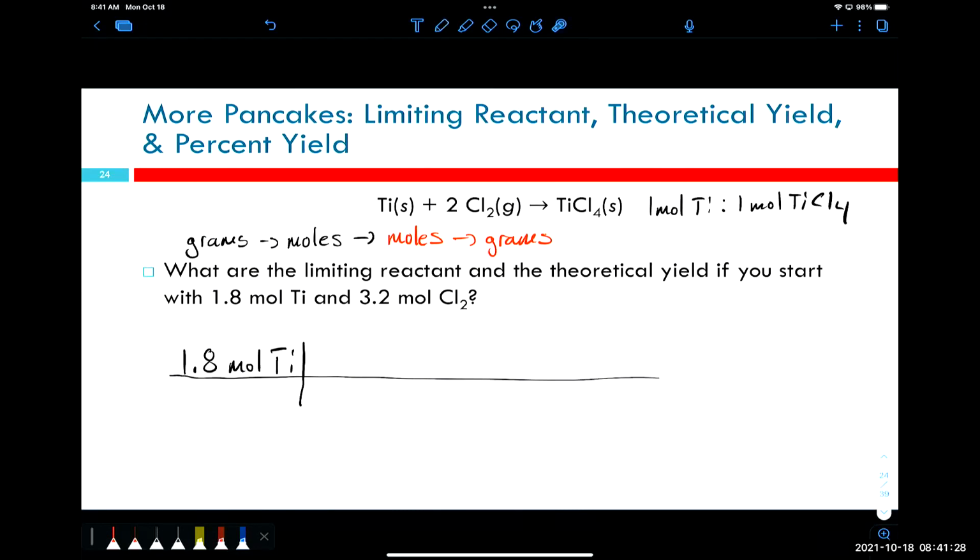Okay, so we want to convert from titanium to titanium chloride. So we're going to put titanium on the bottom, because when we do that, we can cancel out our units of moles of titanium. And then we're converting into moles of titanium chloride.